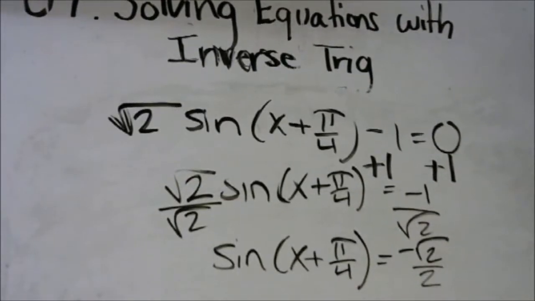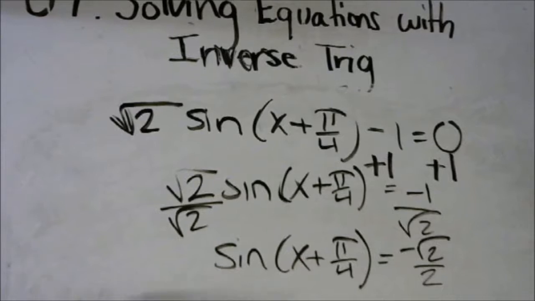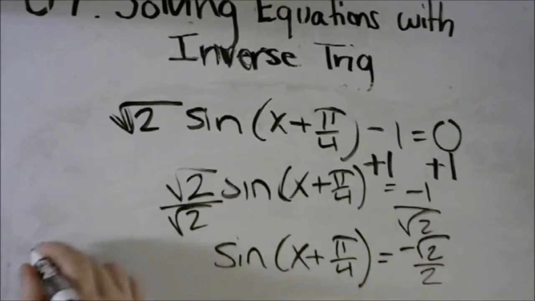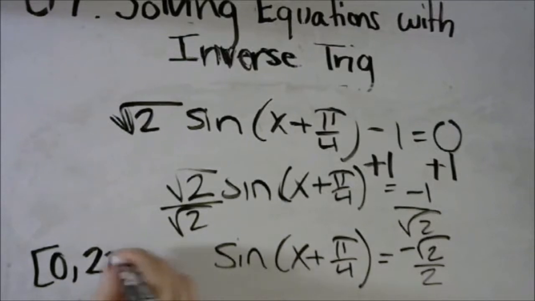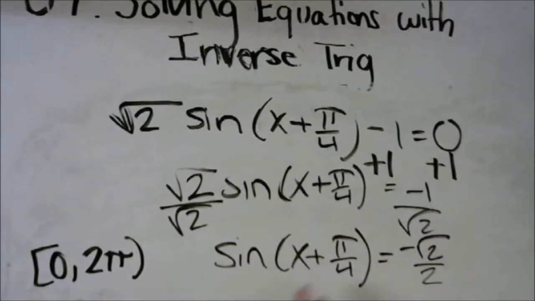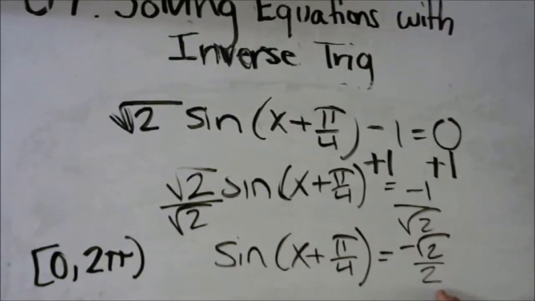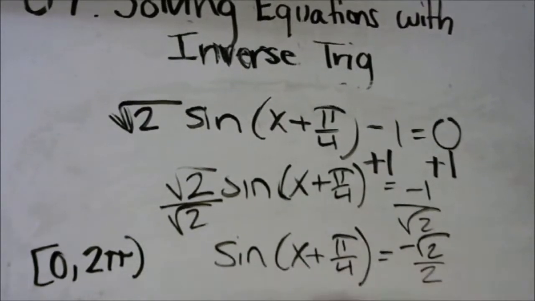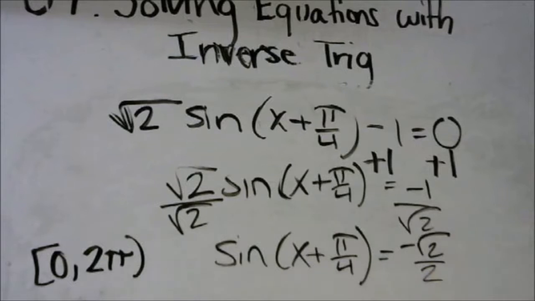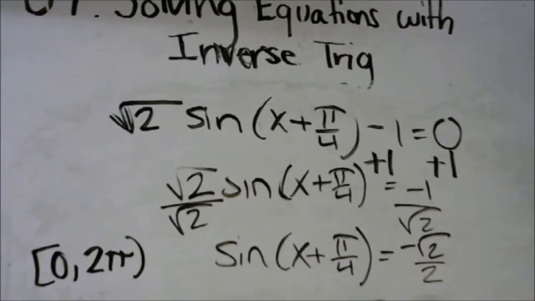And since for the last example, we found all real solutions, let's restrict these to only solutions on the unit circle, from 0 to 2 pi. So let's think about all of the places around the unit circle where sine of an angle is equal to negative rad 2 over 2. That's true both in quadrant 3 and quadrant 4.